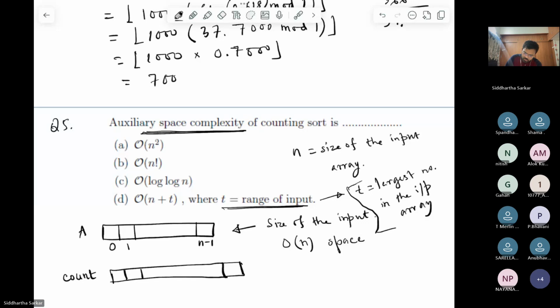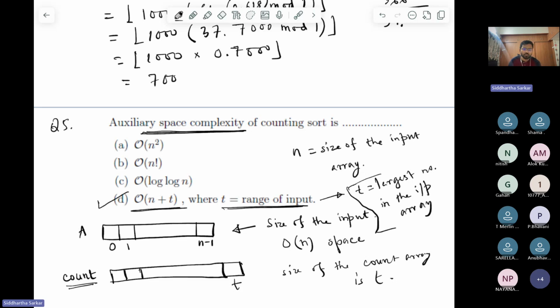So now you must have a count array of a size which is able to count how many occurrences of the largest number there are. If the largest number is capital L, you should have an array of size at least L. Here they're saying that the range of input is T. So the largest number is T. So the size of the count array is T. So the total space required is N plus T. So this is the correct answer.